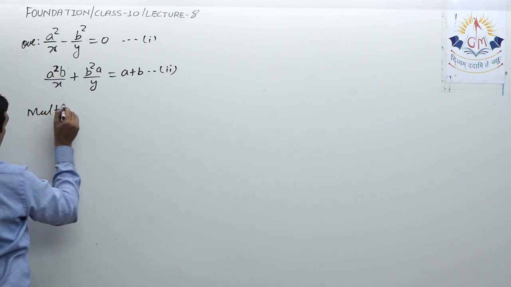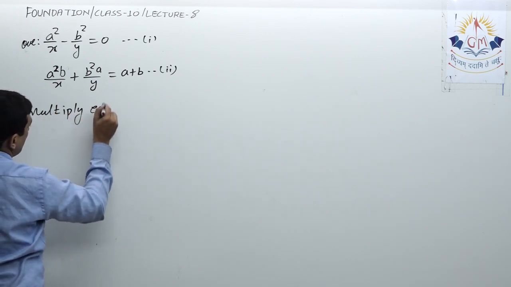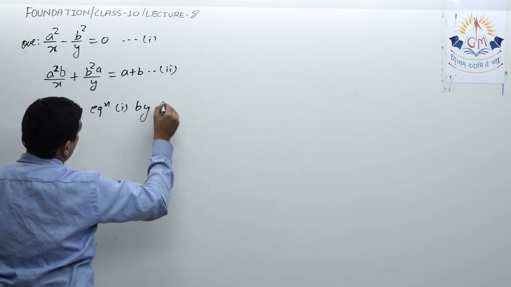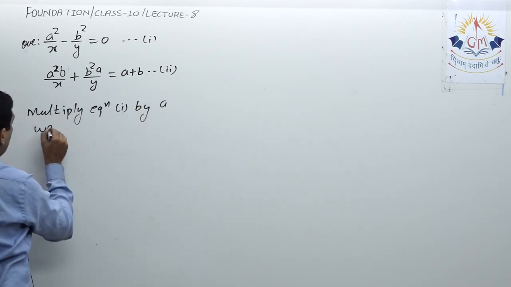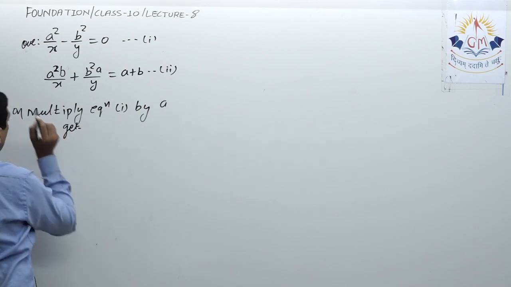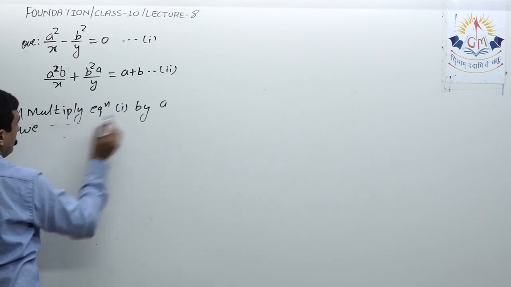So here what I will do, I will multiply equation number 1 by a. On multiplying equation 1 by a, what do we get?